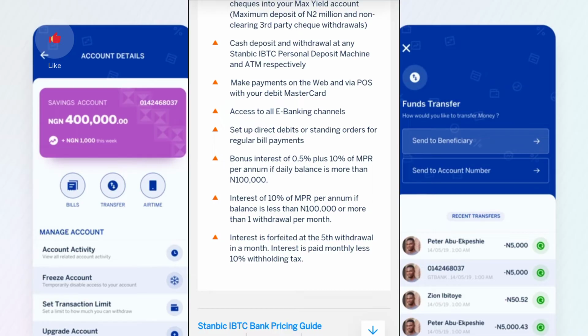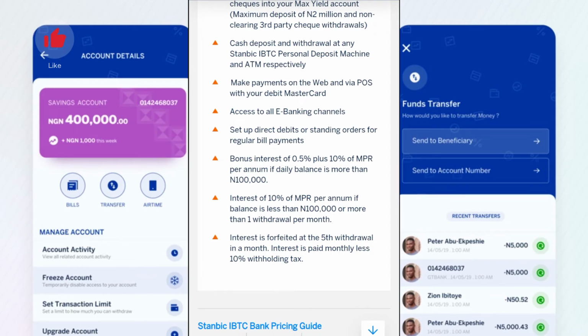Or for budgeting your family finances, you have a particular amount you give to your wife every month for the family. There's a standing order, so you don't need to be going to the bank up and down. Once it's that time of the month and you've already put the machinery in place, it will just go to the person's account. So you can do that with this Max Yield account.